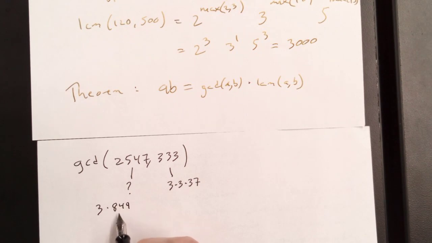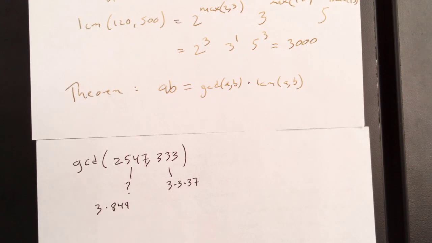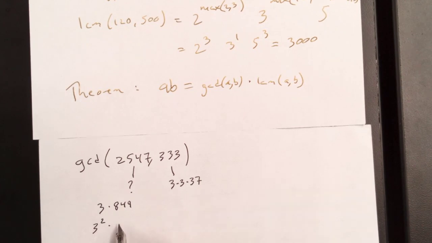Wait a minute. 8 and 4 is 12 and 9 is 21. That's divisible by 3 again. 3 times 3 times, dividing by 9, 283. That's not divisible by 3 anymore.